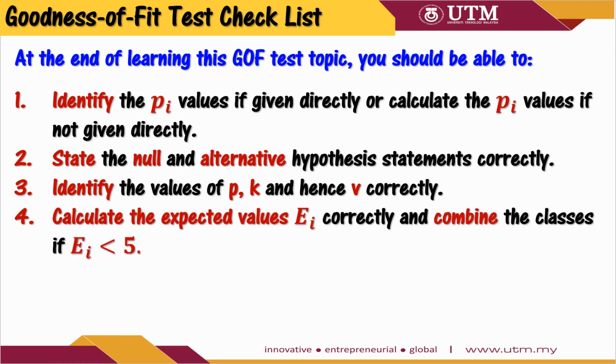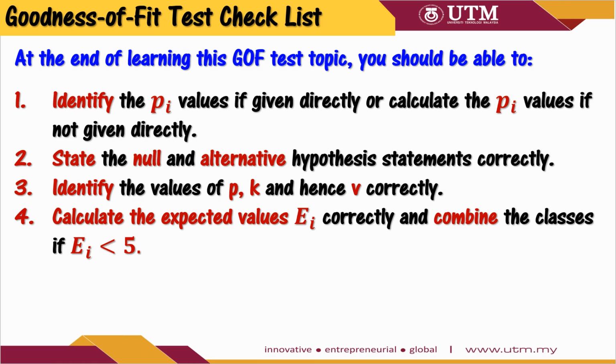Next, you should also be able to calculate the expected values EI correctly by multiplying the total frequency N with the corresponding PI values. And do not forget to combine classes if EI is smaller than 5.